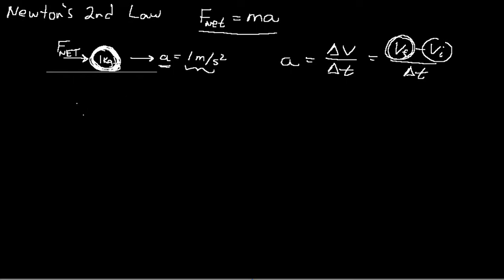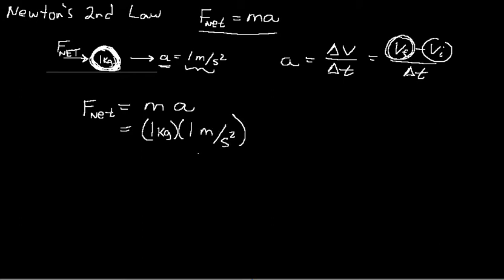According to Newton's second law of motion, the magnitude of the force that you're going to have to apply is equal to the mass times the acceleration. In this case, the mass is 1 kilogram, and our acceleration is 1 meter per second squared.